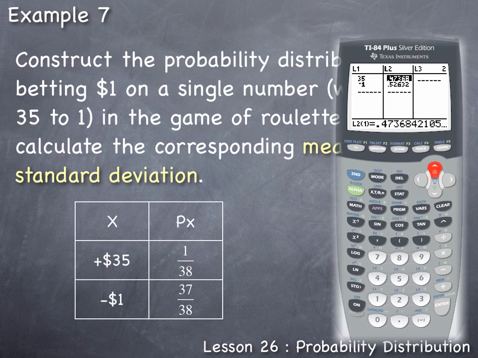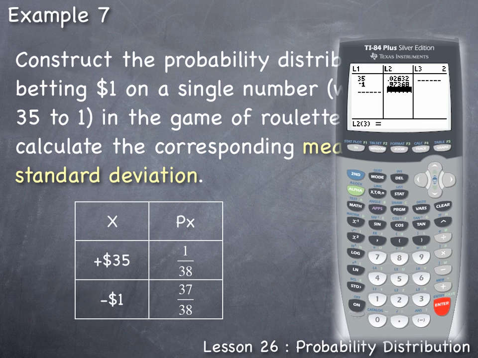Then, under List 2, we enter in the corresponding probabilities, starting with 1 divided by 38, Enter, and 37 divided by 38, Enter.